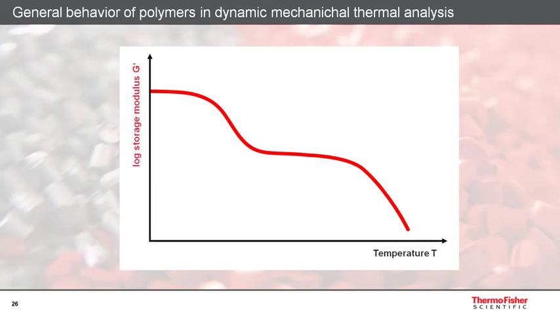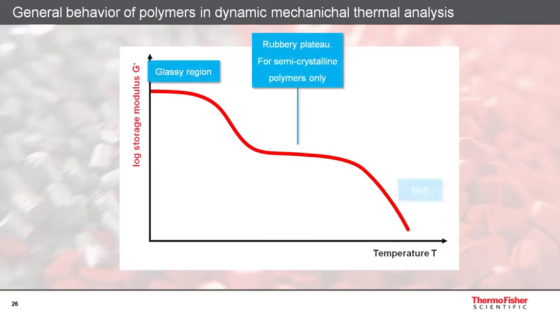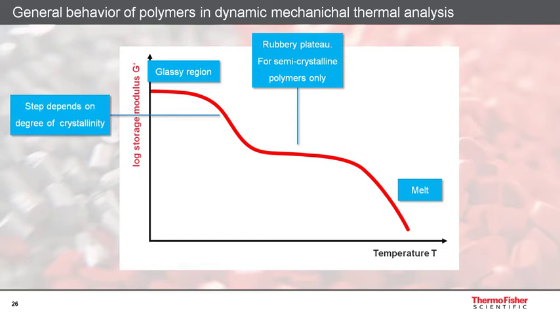On this slide, the general behavior of polymers in a temperature sweep or dynamic mechanical thermal analysis is shown for G'. Semicrystalline polymers go from a glassy region over a rubbery plateau into the melt state. The height of the step from the glassy region to the rubbery plateau depends on the degree of crystallinity of the polymer.